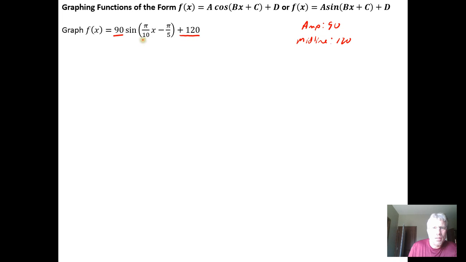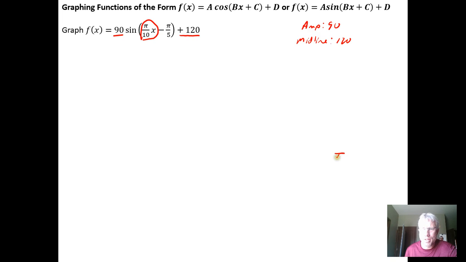The period of the function is going to be affected by this pi over 10 times x. Usually the period of a sine function is 2 pi, but now we're multiplying x by a number that's close to 3/10, so things are going to be happening slower than they usually do. That's going to impact our period. So we can figure out what the period is.